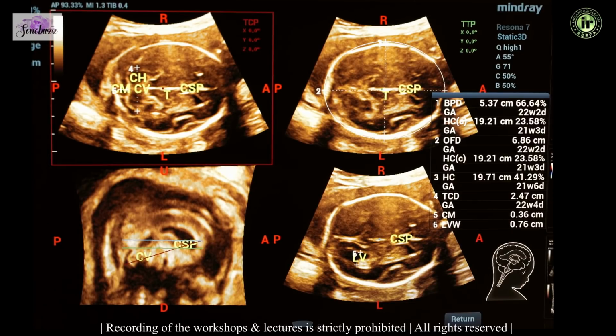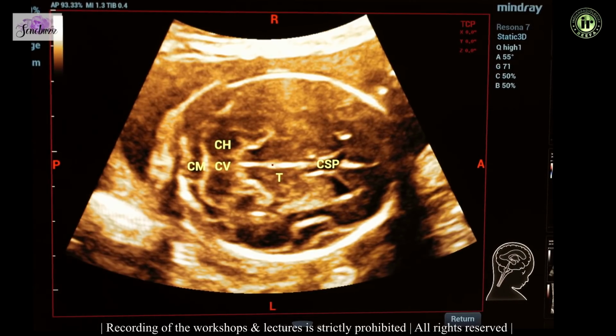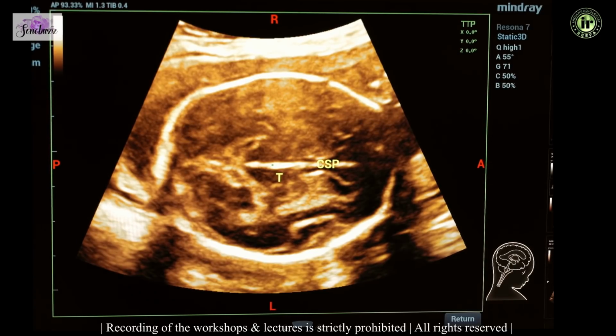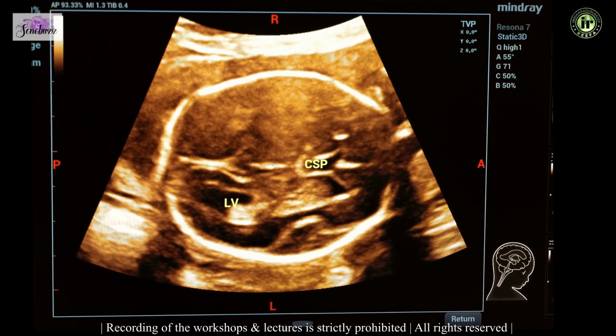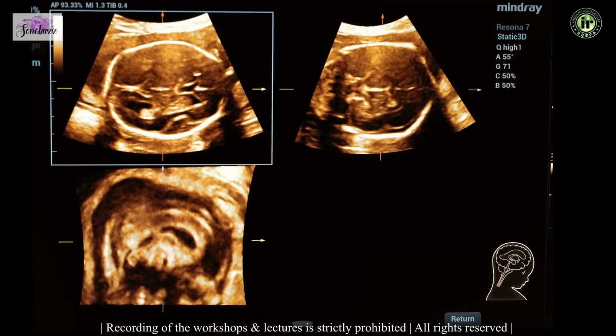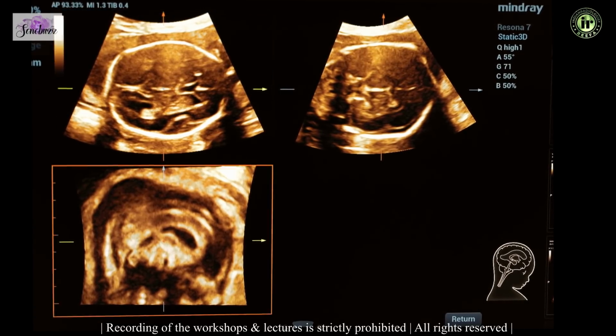The machine will itself take all the annotations, and this will be the image. You can make the image into a single image if you want to store it as a separate image like this. This is a cerebellar plane, and then if you want to take a different image, this can be stored separately, and the measurements and everything can be done separately on this, and a sagittal image can be sent separately.